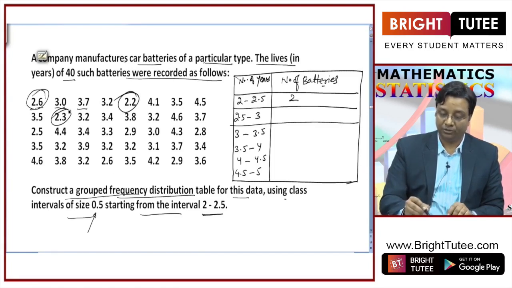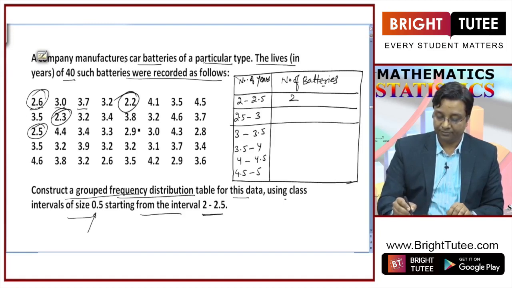Now 2.5 to 3. This time we will not include 3, right? 1, 2, 3, 4, 5, 6.